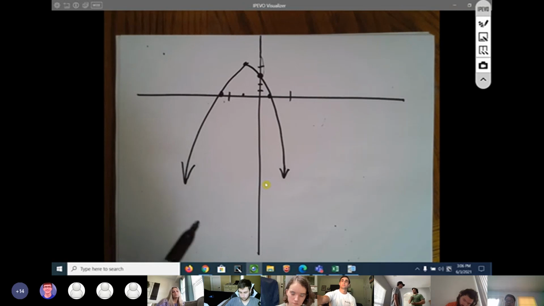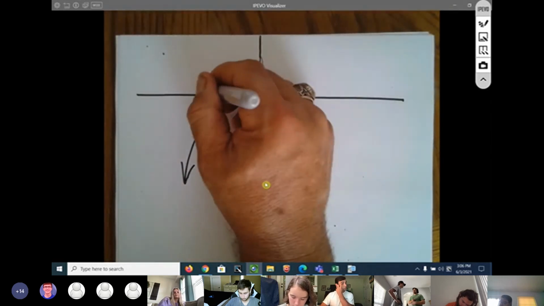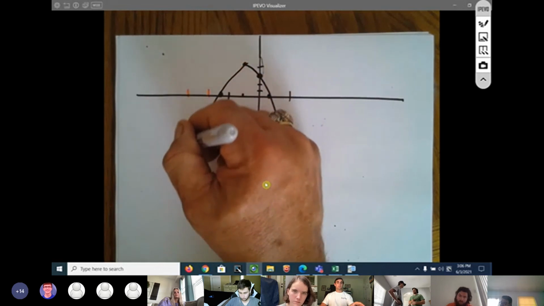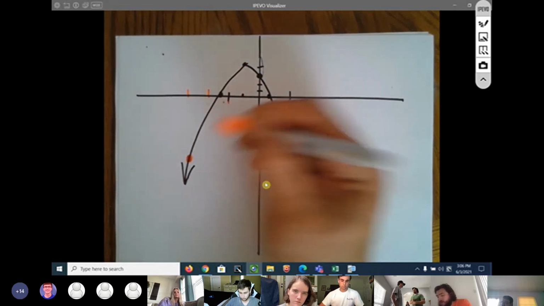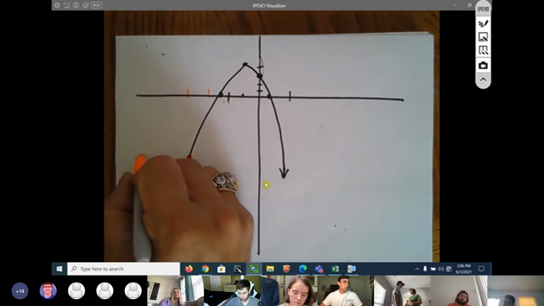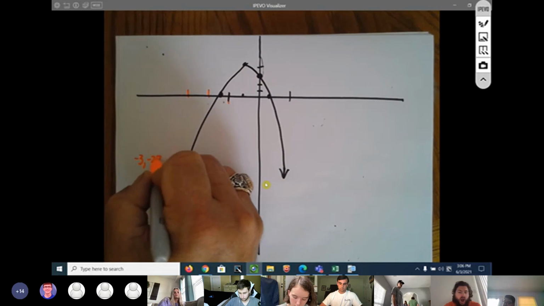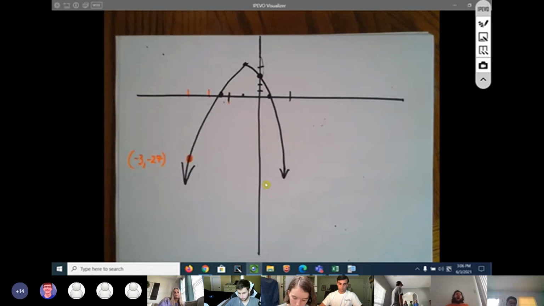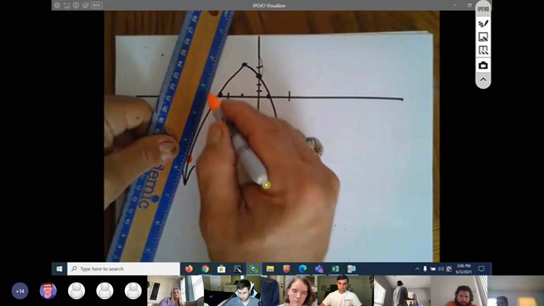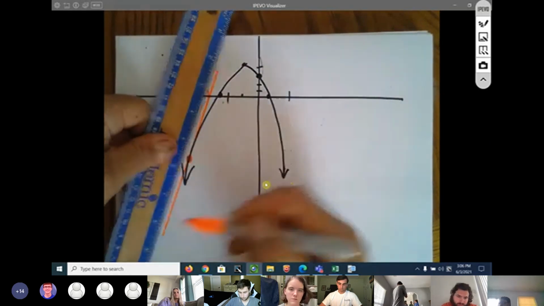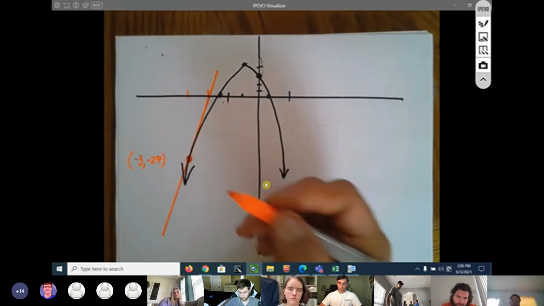They want us to plot -3, -27. Well, I have no idea where -27 is, so I'm just going to do -3, that's 1, that's 2, and that's 3, and we're going to put it right there. That is -3 and -27, and they want to know what the slope of that line is.